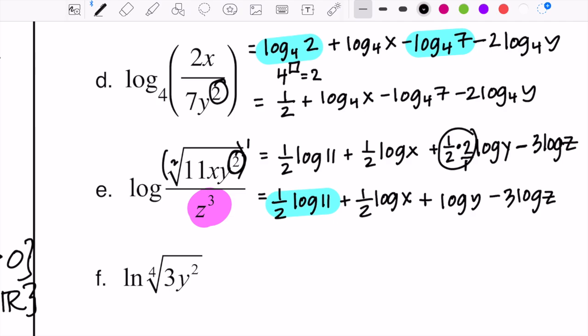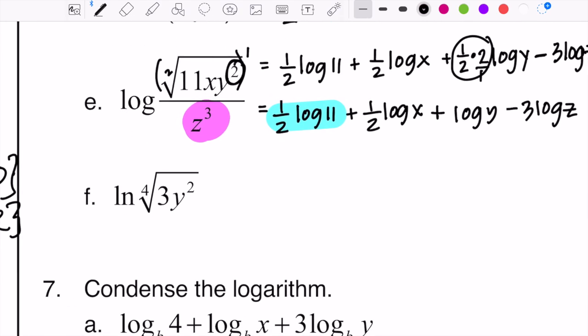Okay, last expanding is going to be right here. And because this is to a 4th root, everything's going to be to the 1/4. So I get 1/4 natural log of 3 plus 1/4. And then I have a 2, so that means times 2 natural log of y.